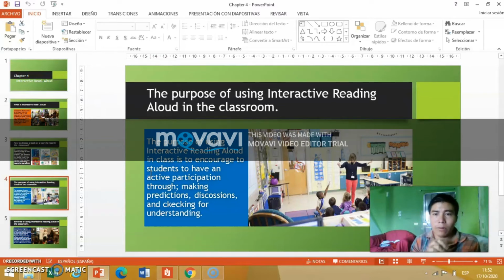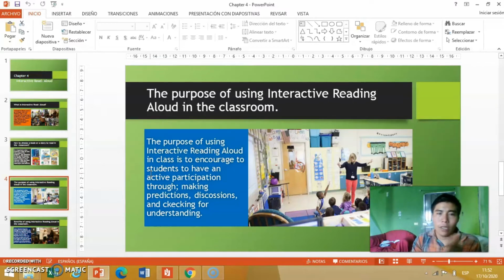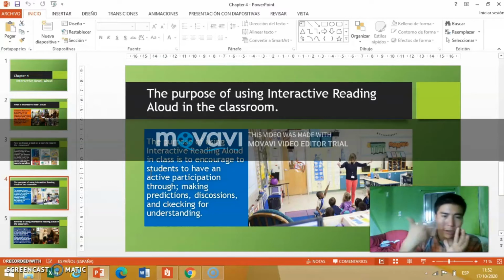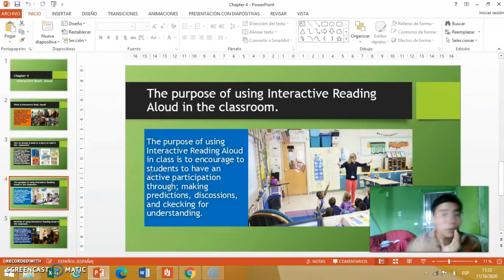For example, before starting to read, the teacher presents the cover page of the reading and asks the students, what do you think the story is about? Where does the story take place? And the students start thinking and making predictions to guess what the story is about.